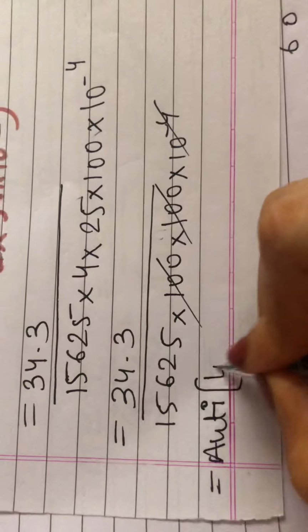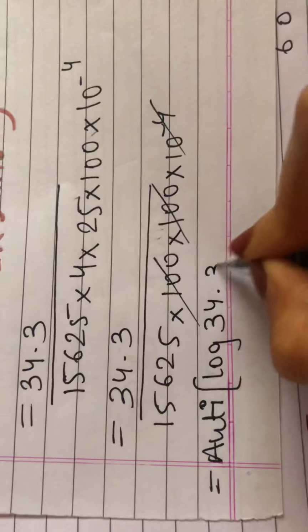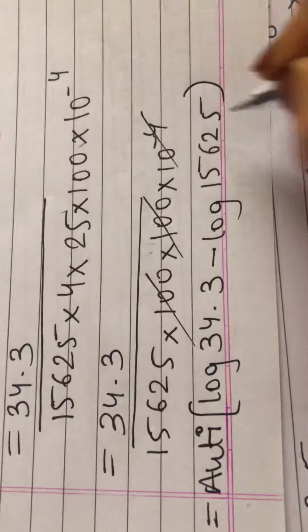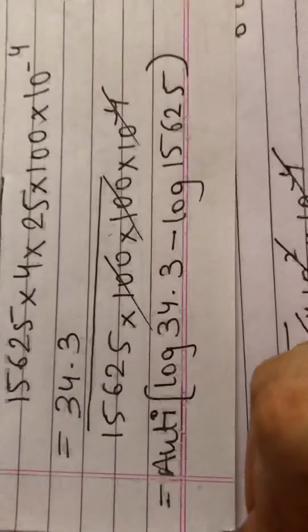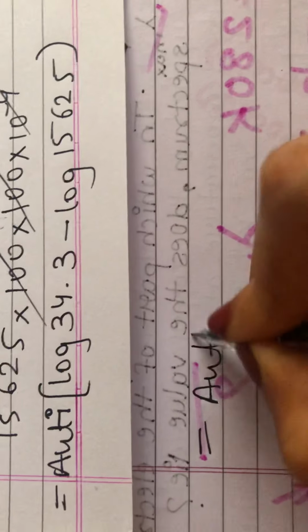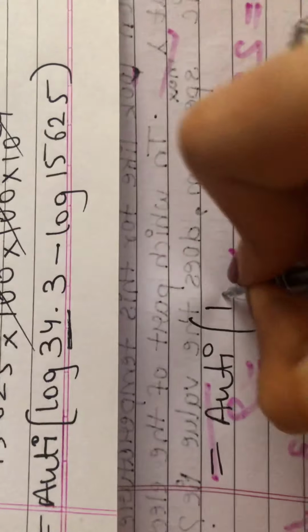Anti-log of log of 34.3 minus log of 15625. So let's apply the log. Here before the point we have 2 digits, 2 minus 1 is 1. So we'll see the log for 34 3. Let's open the log table.